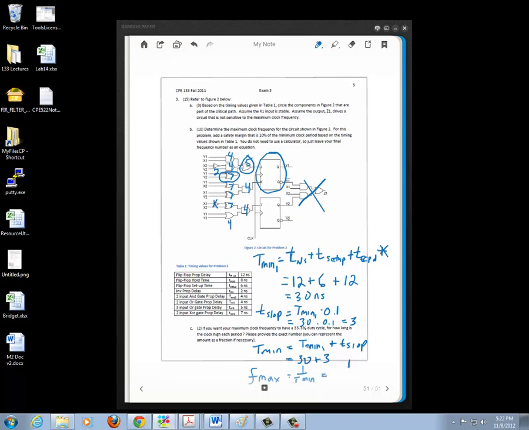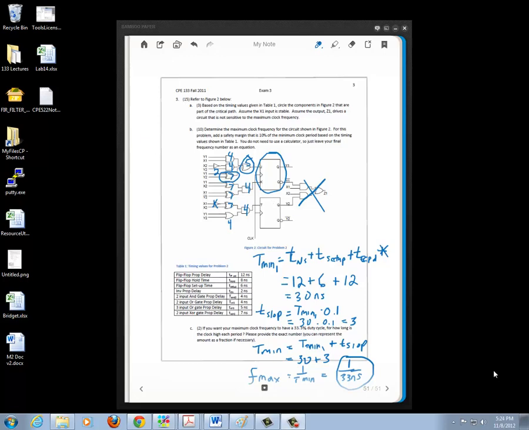So this is equal to 1 over 33 nanoseconds, which I said here you don't need to use a calculator, just leave this answer. So your frequency is 1 over 33 nanoseconds. And that gives you the maximum clock frequency that you can have to make sure the circuit operates as you expect it to.